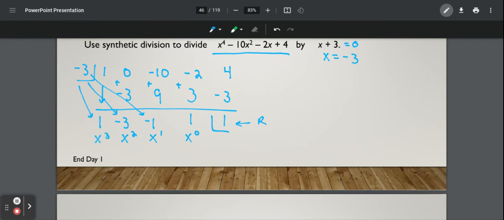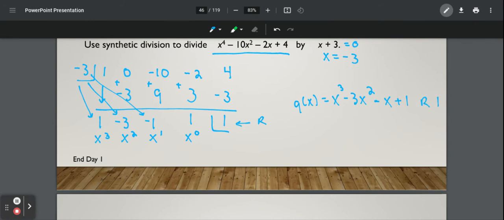So when we divide it, we find out that our quotient is x cubed minus 3x squared minus x plus 1. And then that means that we have a remainder of 1.